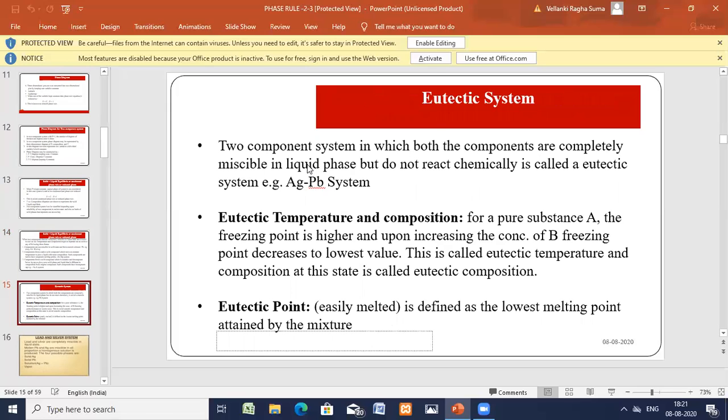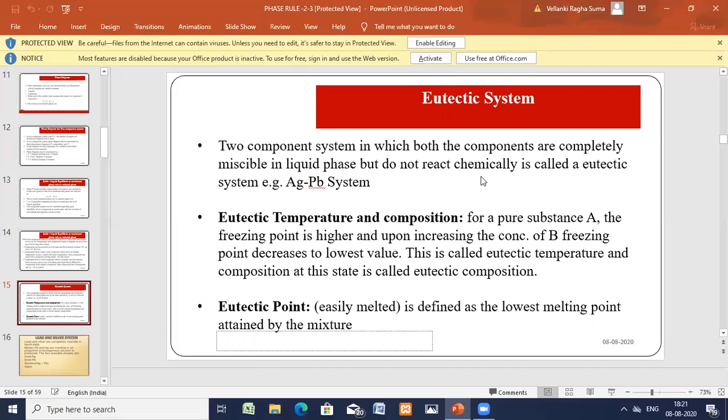A two component system in which both components are completely miscible in the liquid phase but do not react chemically is called a eutectic system.